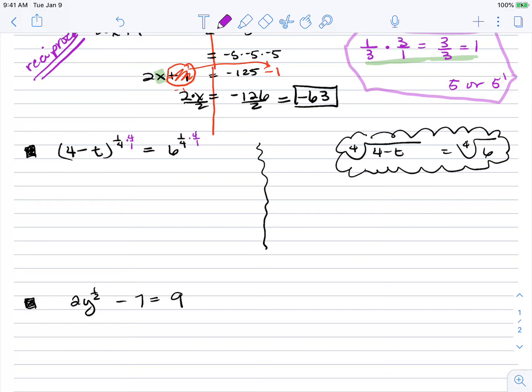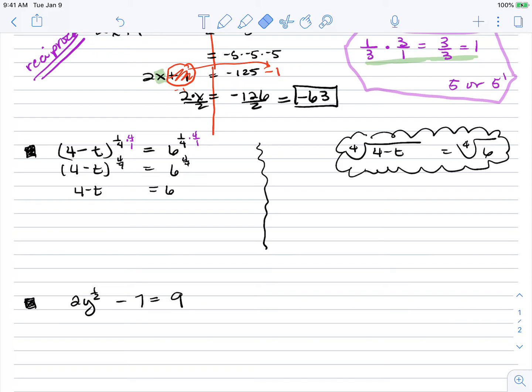And when I do that, that gives me 4 minus t to the 4 over 4 and 6 to the 4 over 4. Well, 4 over 4 is just 1. So that's 4 minus t to the 1 and 6 to the 1. And we don't write down to the 1. We all know that it's assumed to be to the 1 power if it's there.